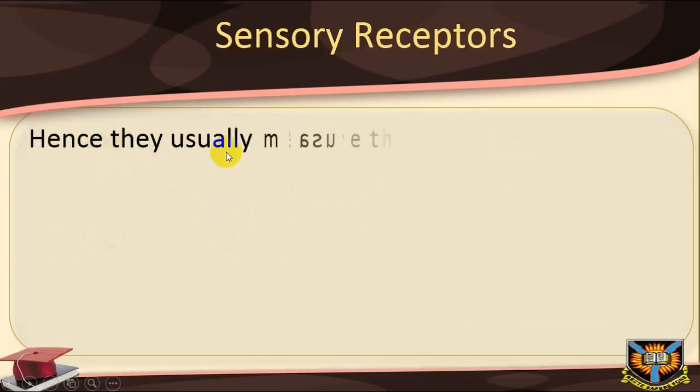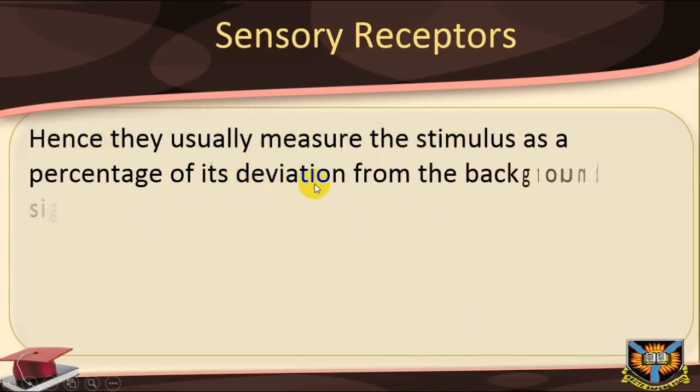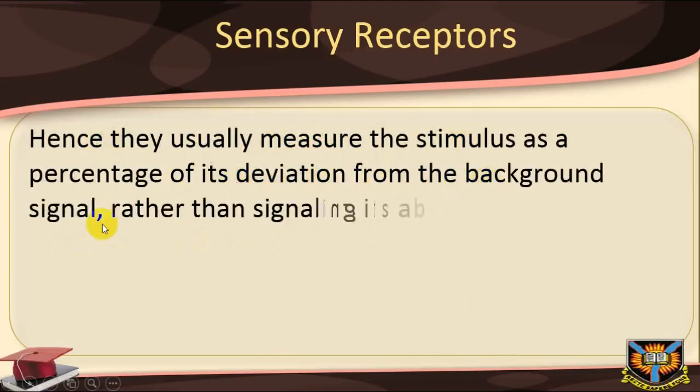Hence, they usually measure the stimulus as a percentage of its deviation from the background signal rather than signaling its absolute intensity. This means that our sensory receptors are sensitive to small changes in signal strength but tune out constant signals.